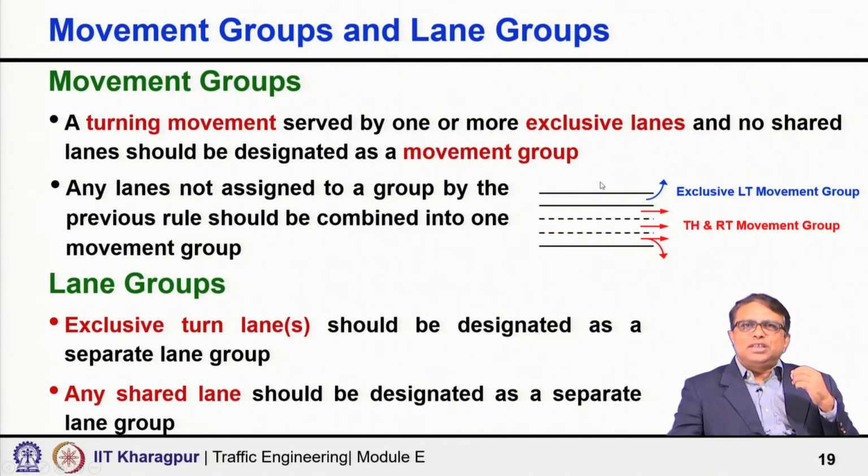You can see here the turning movement served by an exclusive lane. The left turn is an exclusive lane here, so it is an exclusive left turning movement group. Then any lane not assigned by the previous rule should be combined into a movement group. Here the right is not exclusive, it is from a shared lane, so through and right movements are formed together as one movement group.